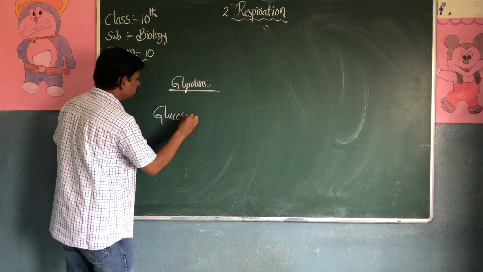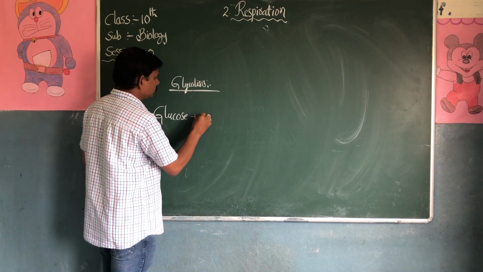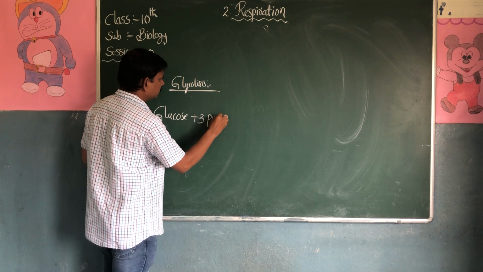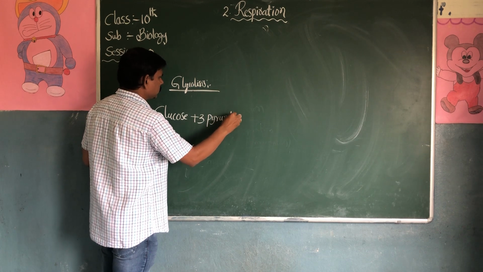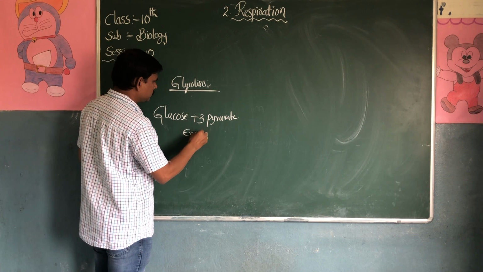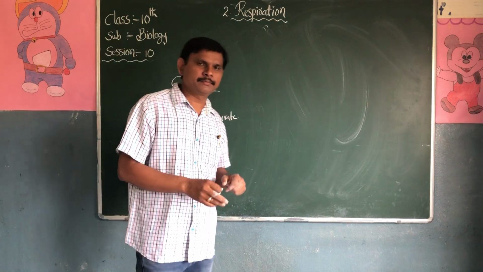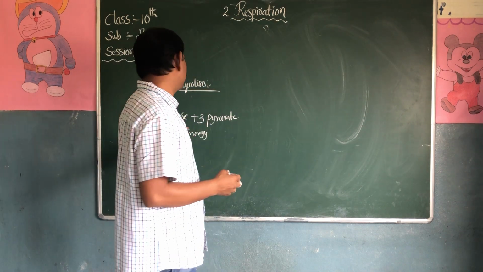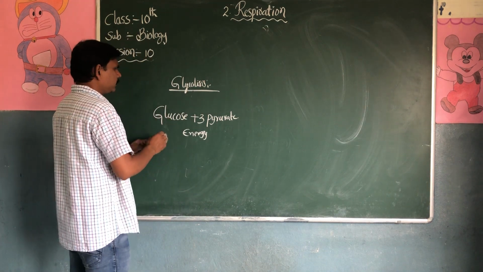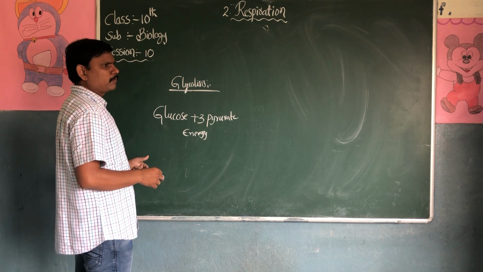The glucose breaks down to form pyruvates and releases energy. In higher classes, we will discuss these pyruvates. It is a reaction that takes place in the glucose. So in glycolysis, what happens when the glucose breaks down to form pyruvates?